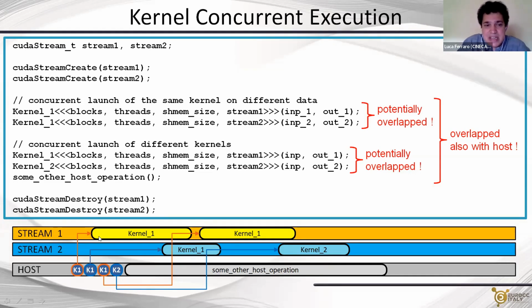So, for example, if the device chooses to run kernel 1 on stream 1, it begins to compute some of the work belonging to kernel 1. As soon as some streaming multiprocessors have completed their work on kernel 1 stream 1, they free up resources, and so they can begin working on kernel 1 for stream 2.